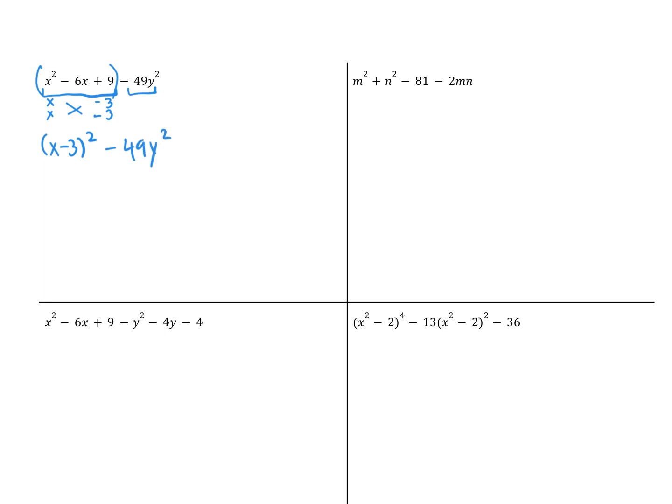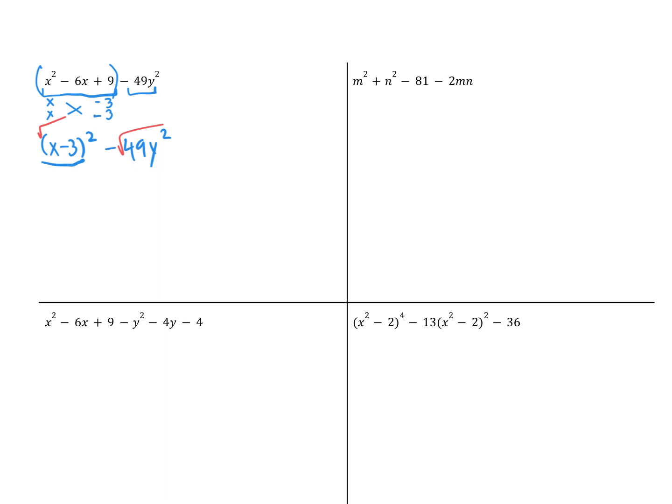And that just opened up a fancy difference of squares because I have 2 terms. One of them's a bracket squared, and then another term, and they're both perfect squares because they can both be square rooted. So when I square root this, it just cancels out the exponent of 2. And when I square root 49y squared, that's just 7y.